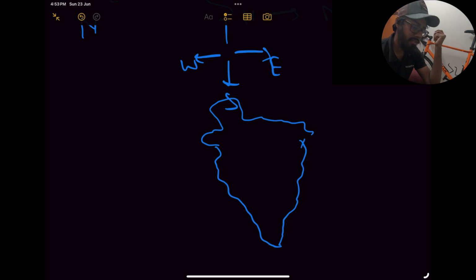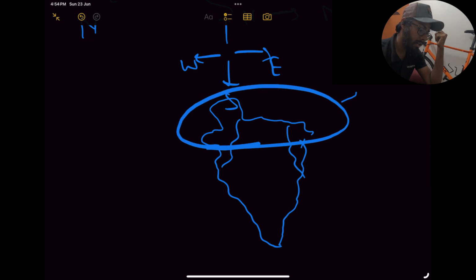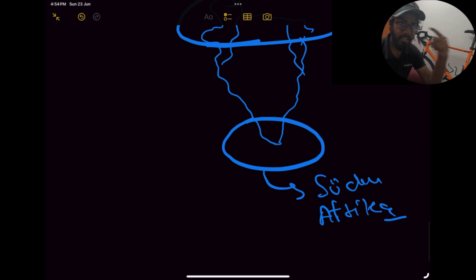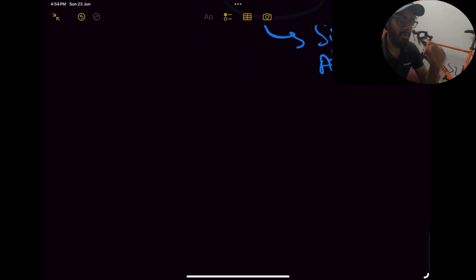Okay, let's say this is Africa, this is Egypt, this is Morocco. So this upper part is northern Africa. And then this lower part will be southern Africa. Do you get it? What is northern and what is southern? So this is about northern.